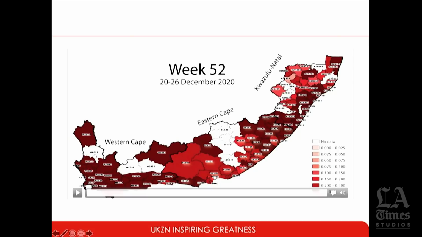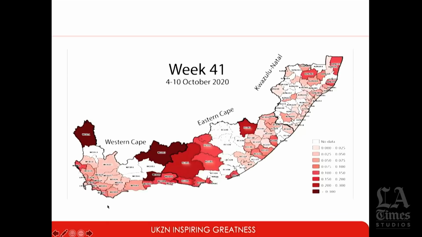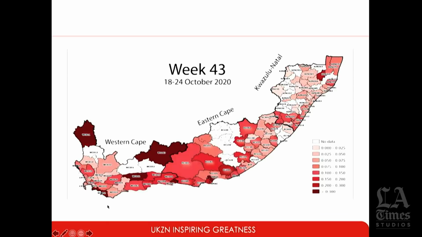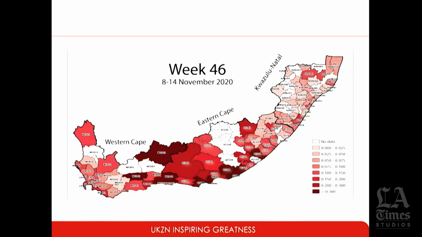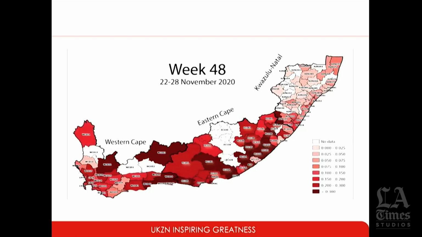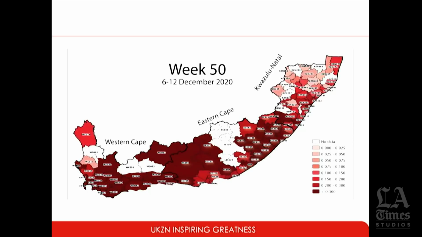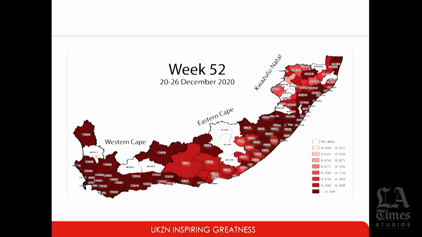The speed, in 10 weeks moving to all the coast and completely dominating all the areas with very high levels of infections. Let's just look at that again. You can see it moving from the center, going to the south, east, west, and the northeast very, very quickly. And we didn't see that in the first wave.